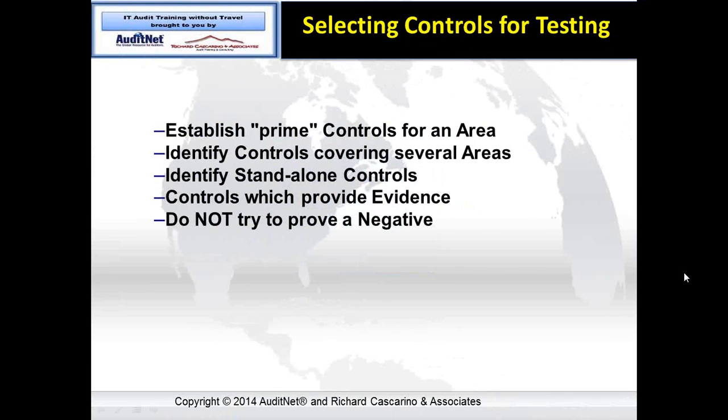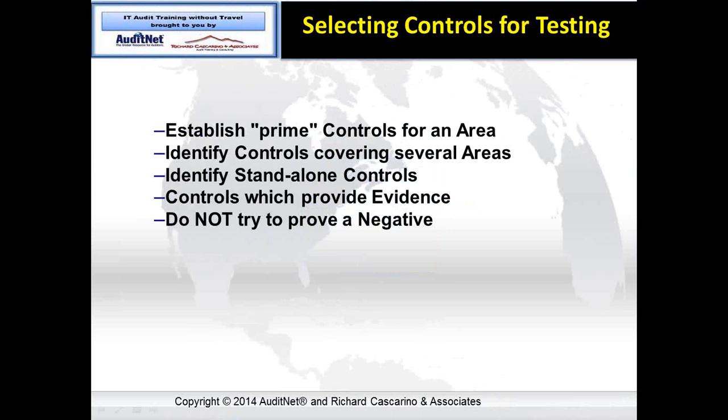So how do you select controls for testing? We've got all of these wonderful control areas. We've got all of these wonderful types of tests. Which ones are we going to look at? In any area, whether you're looking inside the operations area, inside systems development, inside the user arena, inside an application system, we are looking at trying to establish the prime controls for the area.